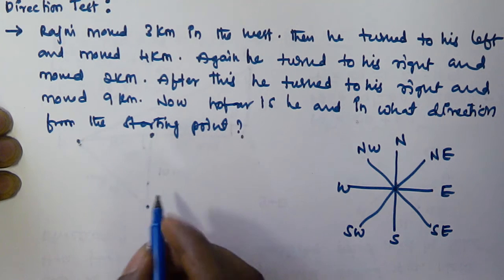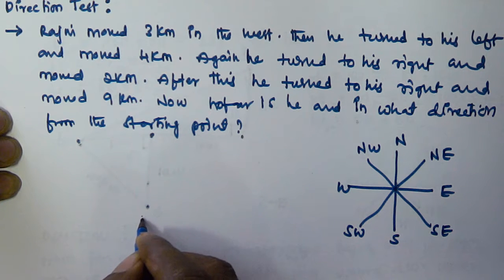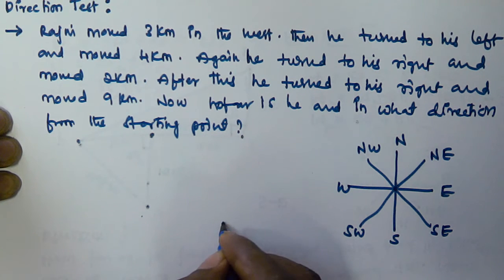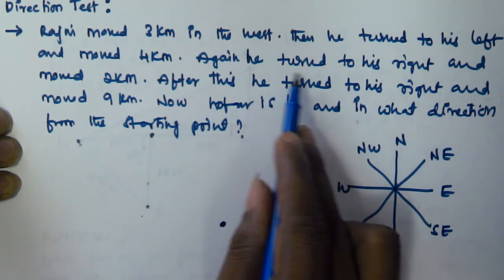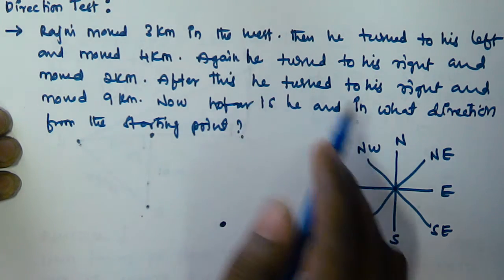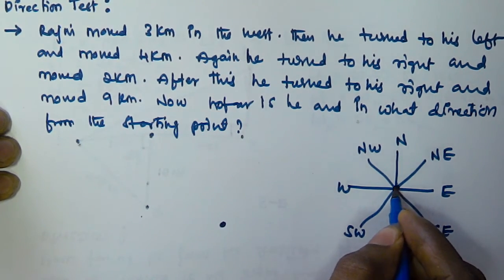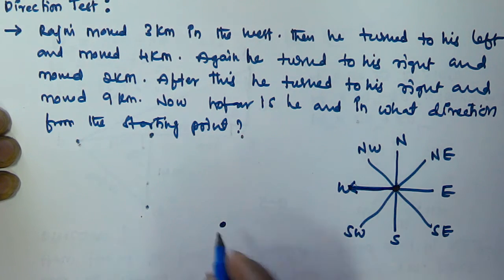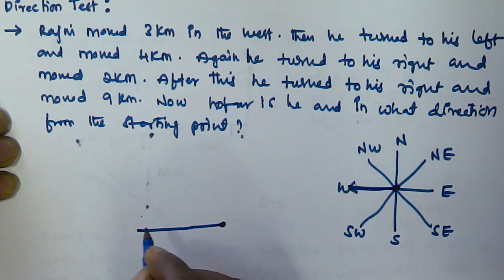Now Rajni started at some point and moved 3 kilometers in the west. So let us assume he started from here, west is in this direction, so he moved 3 kilometers in this direction.